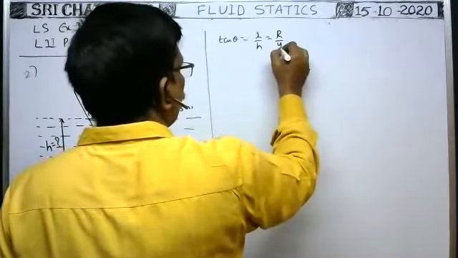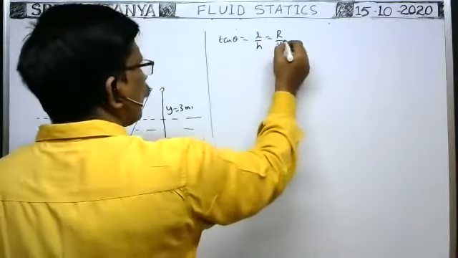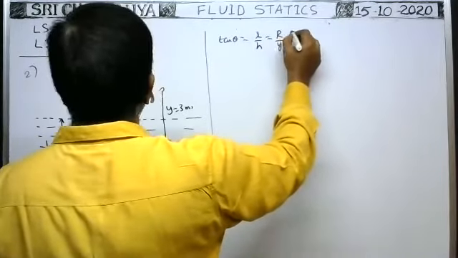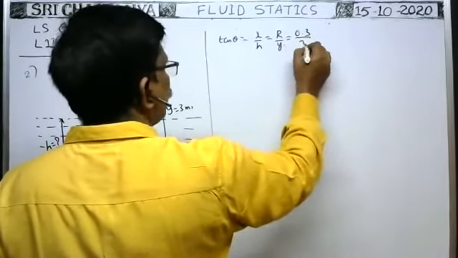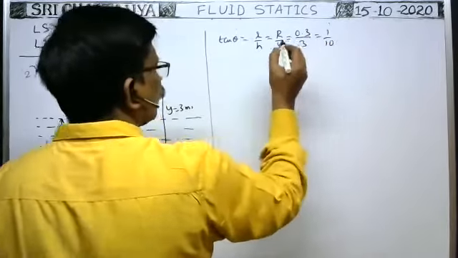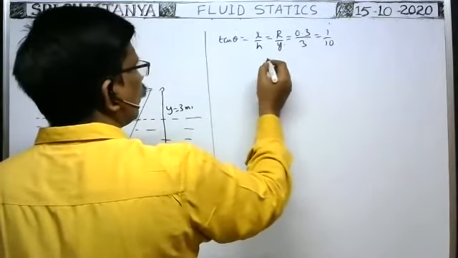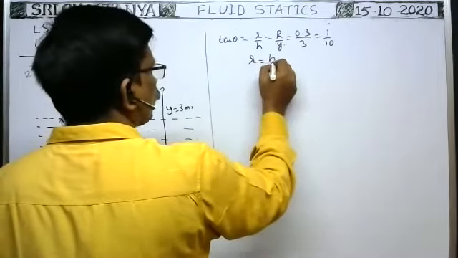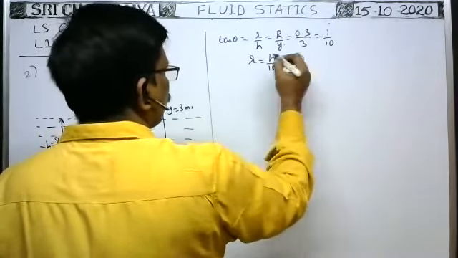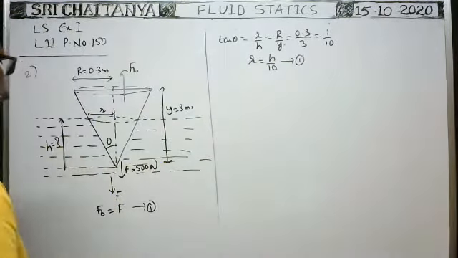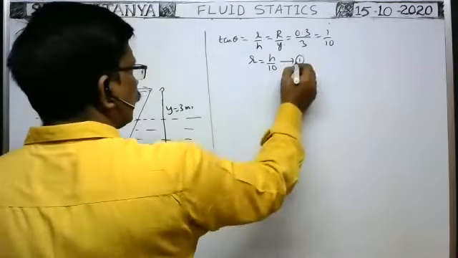From this, small r by small h is equal to capital R, 0.3, by y, 3, that is equal to 1 by 10. Therefore, small r is equal to small h by 10. This is equation 2.